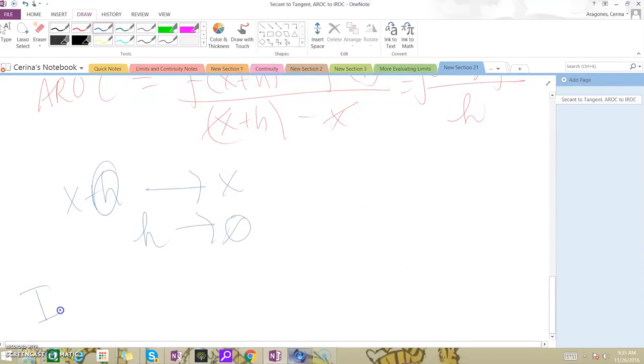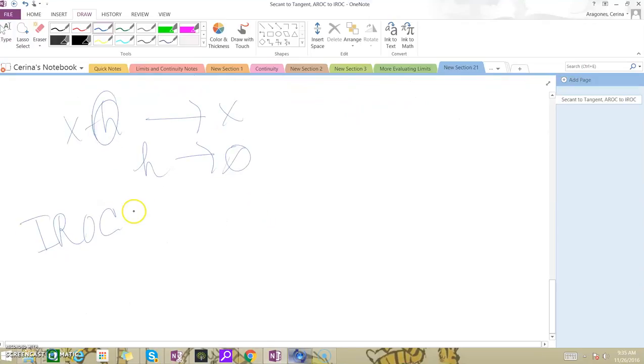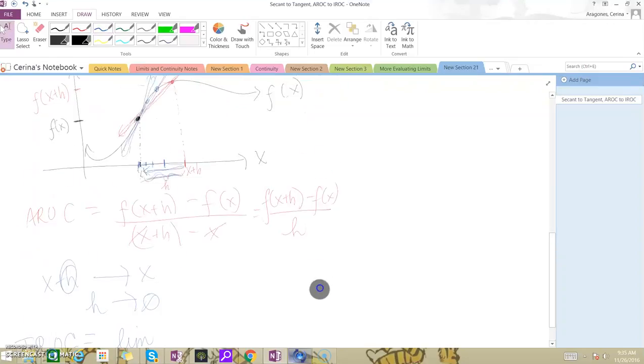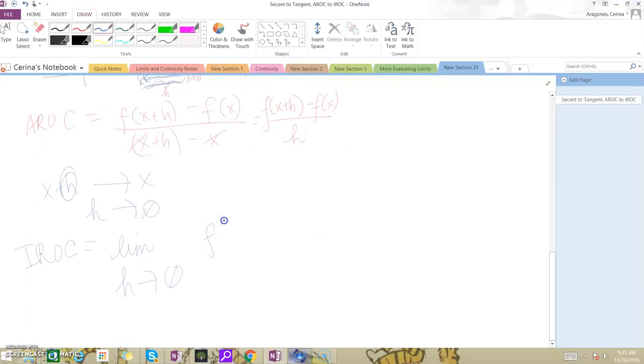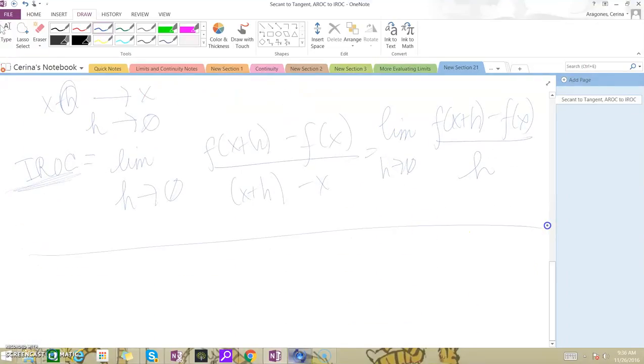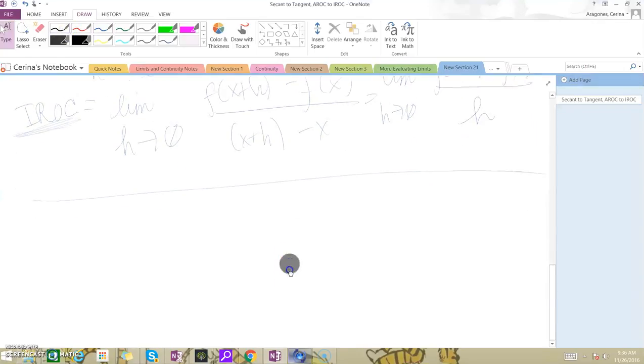So the IROC, or the instantaneous rate of change, is equal to the limit as h approaches 0 of our slope, so of our change in y over our change in x, which is just equal to the limit as h approaches 0 of f of x plus h minus f of x all over h. And that's an instantaneous rate of change. That's the rate of change at the point we want. And this right here is the definition of the derivative, the limit definition of the derivative.